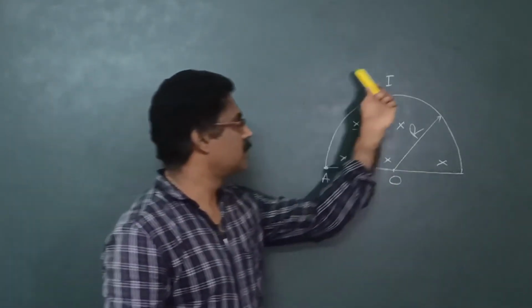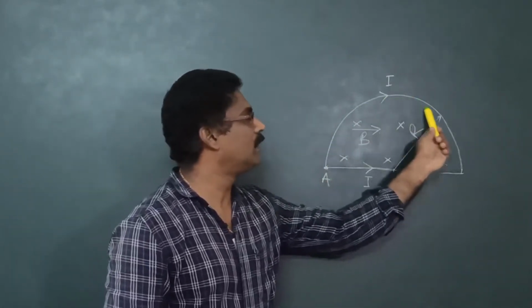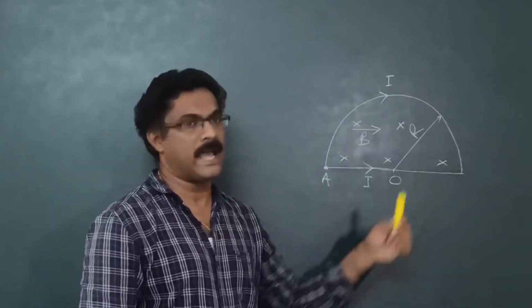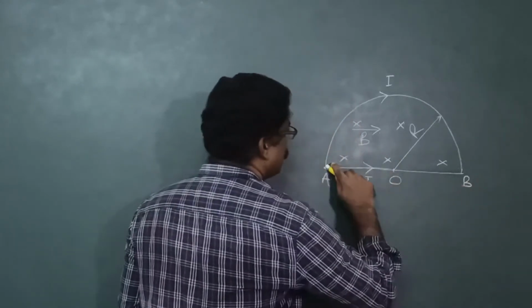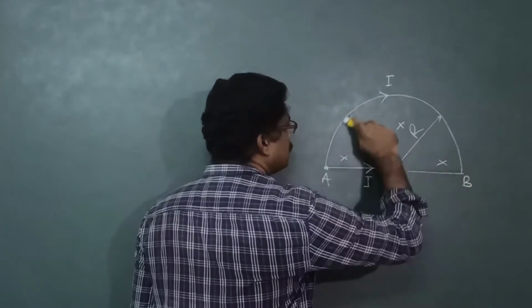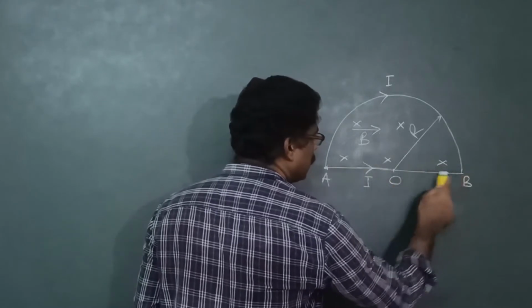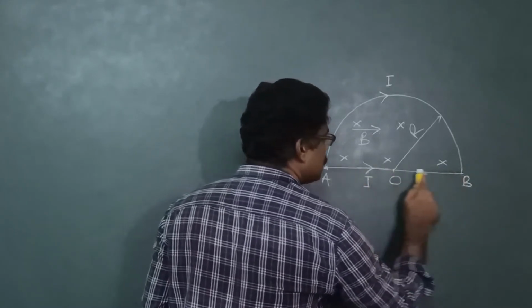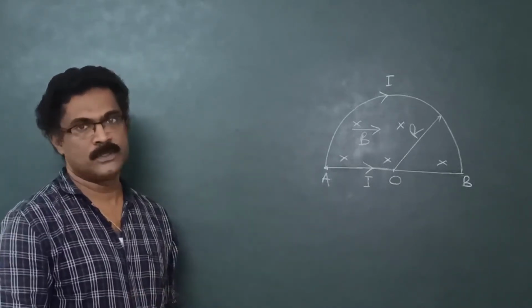If you consider this as a loop, we can see the current is not completing the loop in the same direction. From here to here, the current is in this direction, and from here to here, the current through the straight conductor is in this direction, not in the same direction throughout the loop.